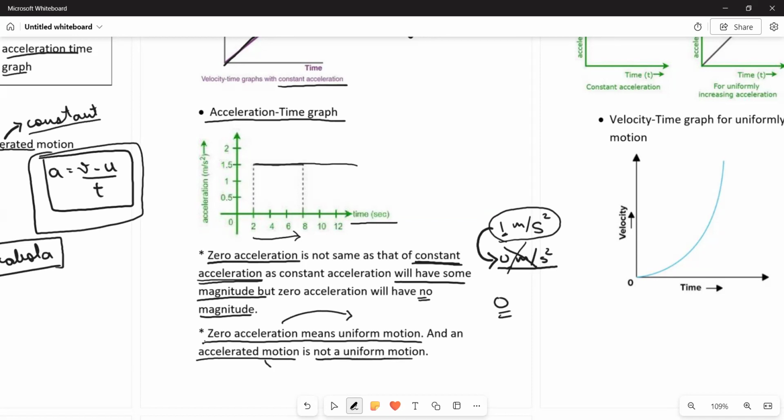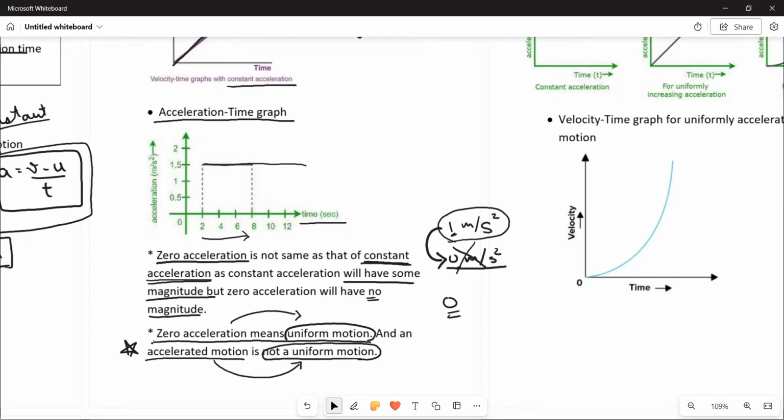See, this is a major difference between constant acceleration and zero acceleration. Whenever there is zero acceleration, we'll get a uniform motion. But whenever there is a uniform acceleration or a constant acceleration, we'll get a non-uniform motion. So this is a very important point which you need to remember whenever you are dealing with a zero acceleration or a constant acceleration. Okay.